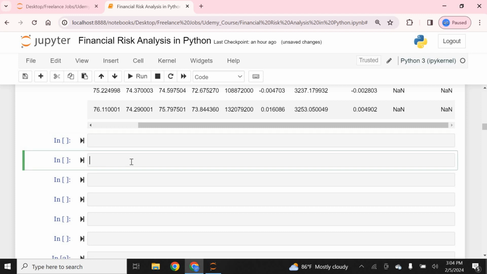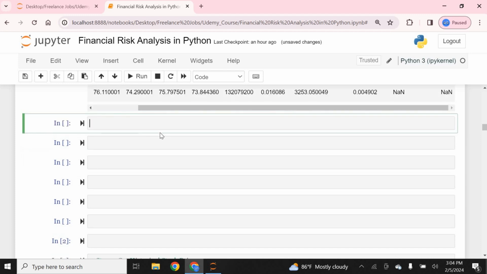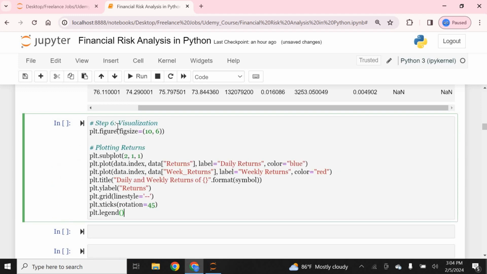So the next thing right now is to do some kind of visualization of the data. So let's visualize and see what we have. We're going to be plotting the daily returns, the first one, then the weekly returns, and if you like, you may plot the monthly returns as well.